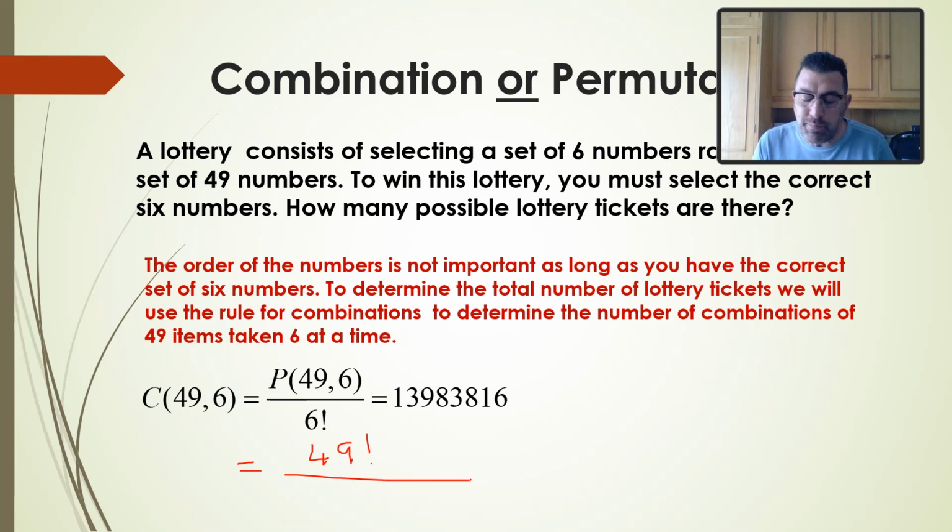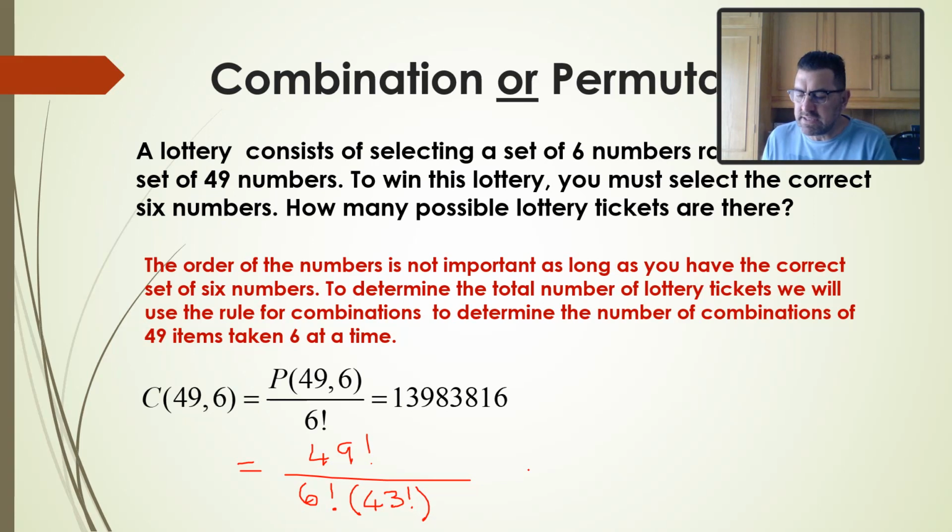That is one huge number. Then I've got to choose 6, so that changes it a bit. And then the difference between 49 and 6 is 43 factorial. Now let's see how much that gives us.